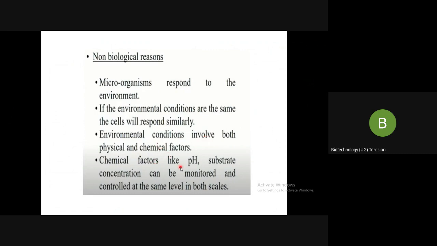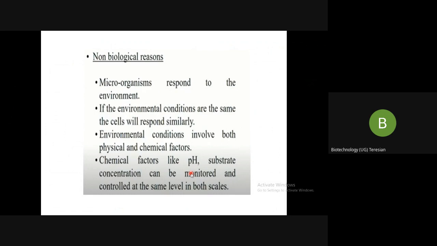The chemical factors are like pH and substrate concentration, and these can be monitored and controlled at the same level in both scales. Whether it is in the lab scale or in the commercial scale, these chemical factors, particularly the pH or the substrate concentration, or if you want to add any antifoam, can all be monitored.